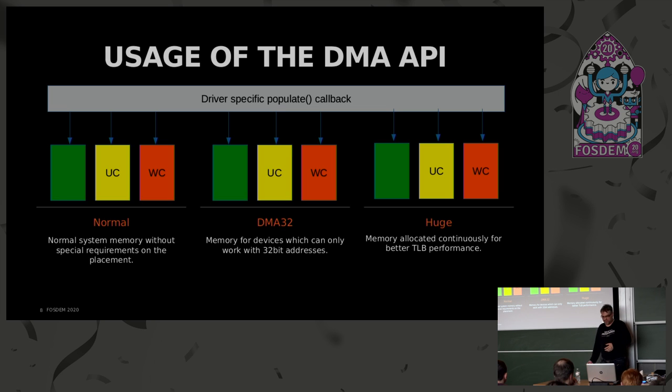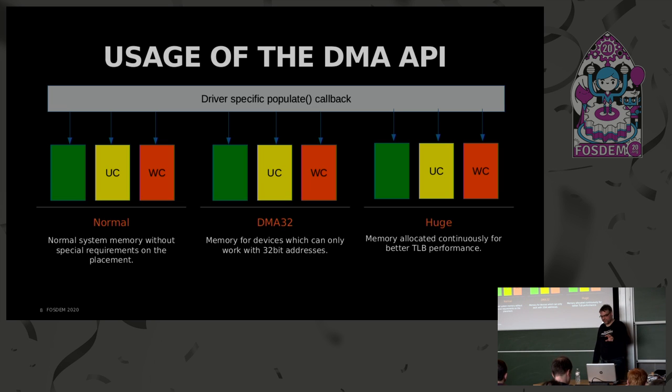So I've actually already synced up with Christoph Hellwig, one of the core Linux developers in that area, that he wants to provide us with a bunch of new flags to move those allocations back into the DMA API. And when that's done, we need to implement a memory management callback in the DMA API pools, and that will probably solve this problem.